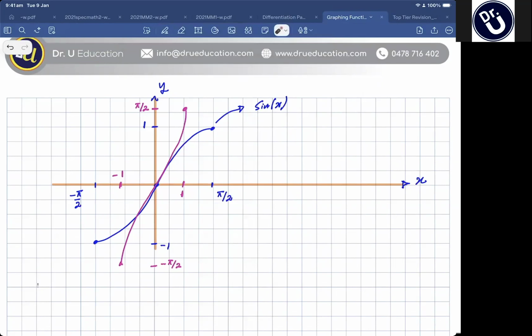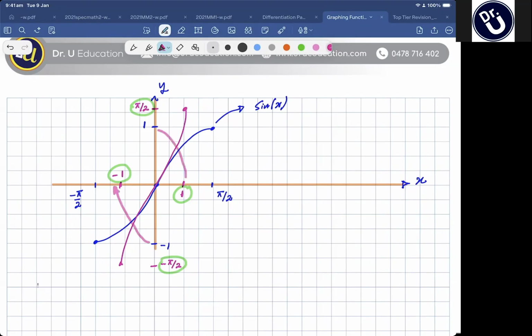So we need to pay attention. So you can see that this is changed to here. Swapping, you can see the swapping properly.